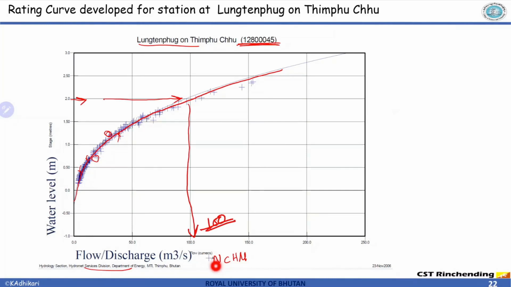So that is the advantage of developing a rating curve. It works best for the rivers in northern Bhutan, because they are not fluvial, but for southern Bhutan this approach is problematic, because every season the cross section undergoes heavy changes.